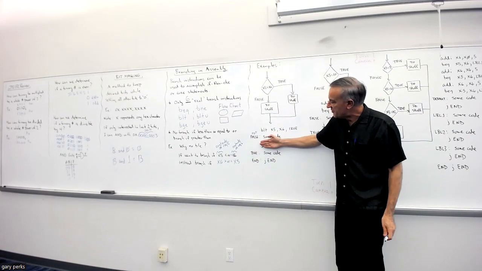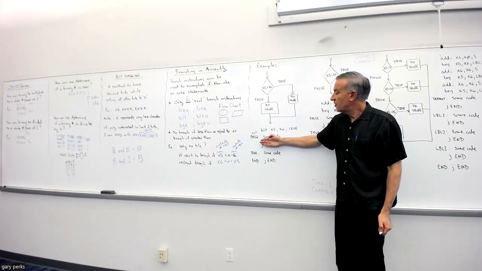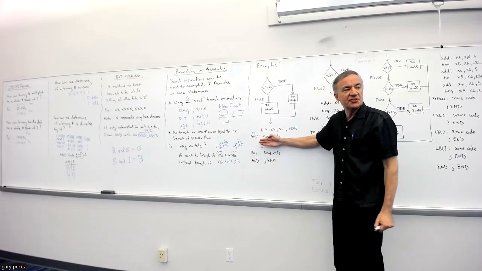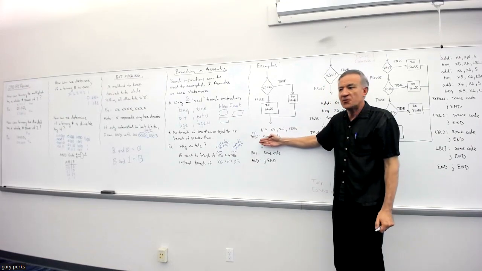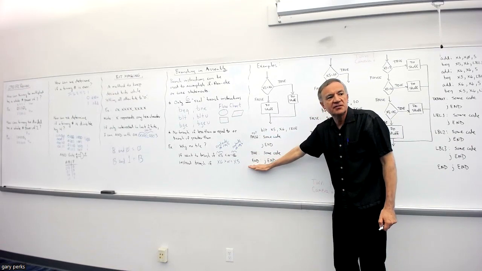Because what would happen if I didn't have that jump right there? Right, exactly. After it was done with the false code, it would start running the code for the true, which definitely we don't want. So once we're done with the false, we want to jump over the true code.